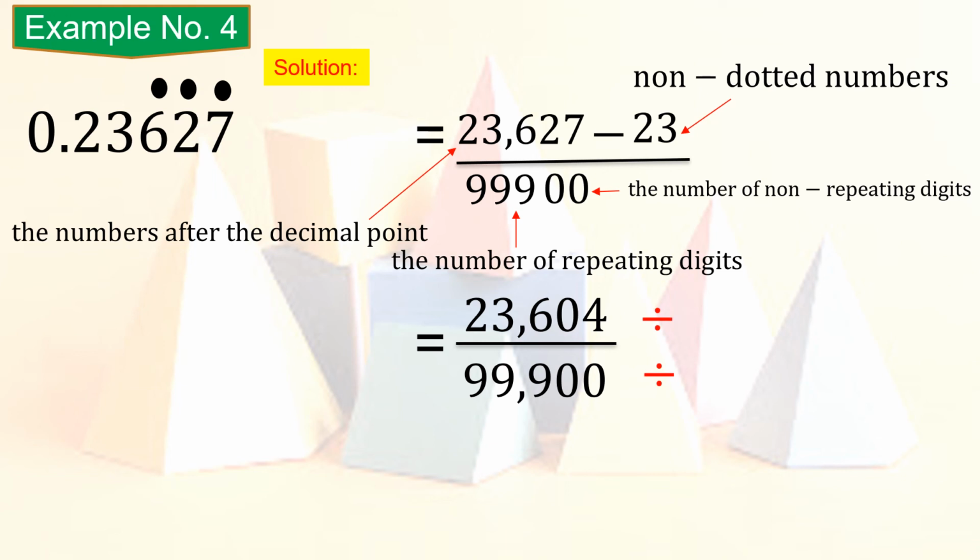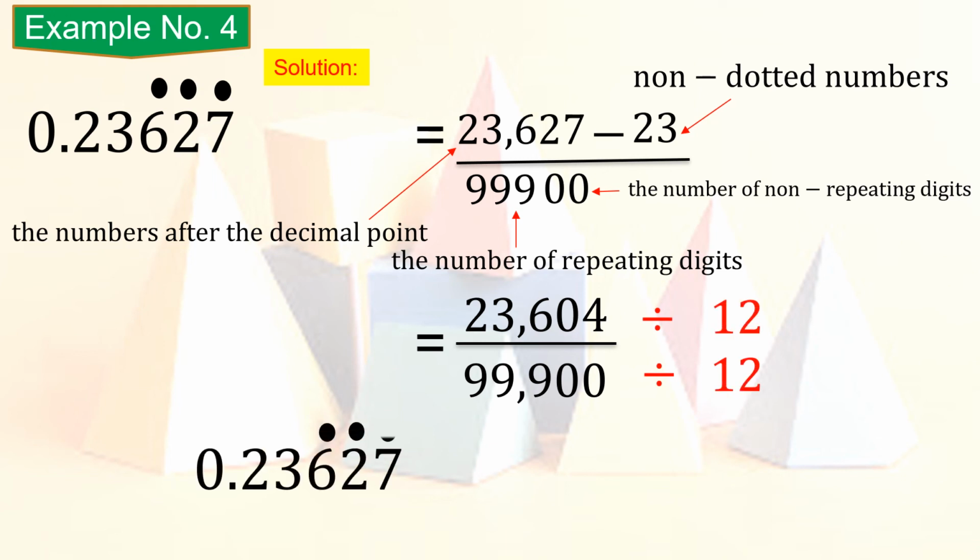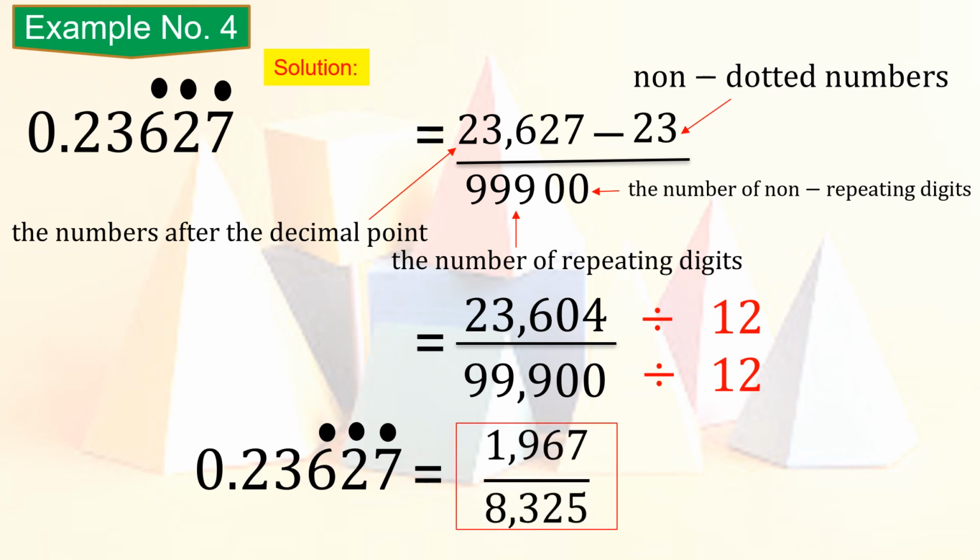Dividing both the numerator and the denominator by 12, the final answer for this one, 0.23627627, or simply 0.23627 with dots at the top of 627, is equal to 1,967 over 8,325.